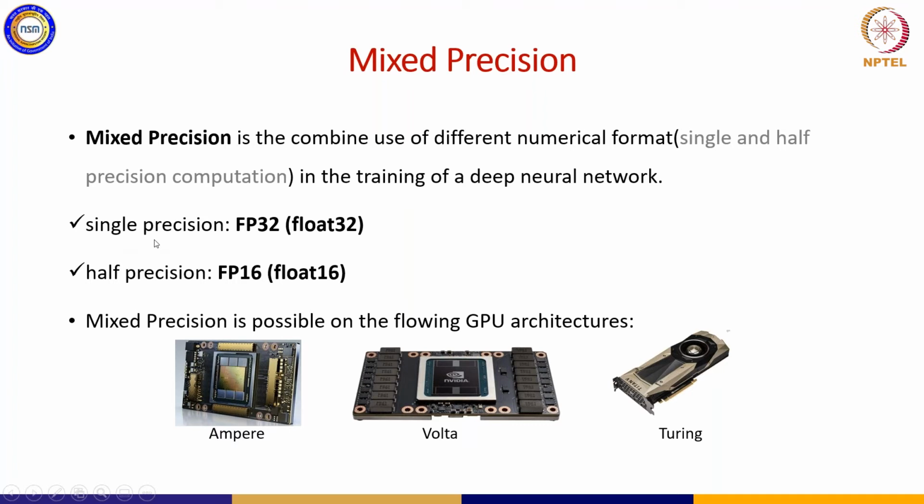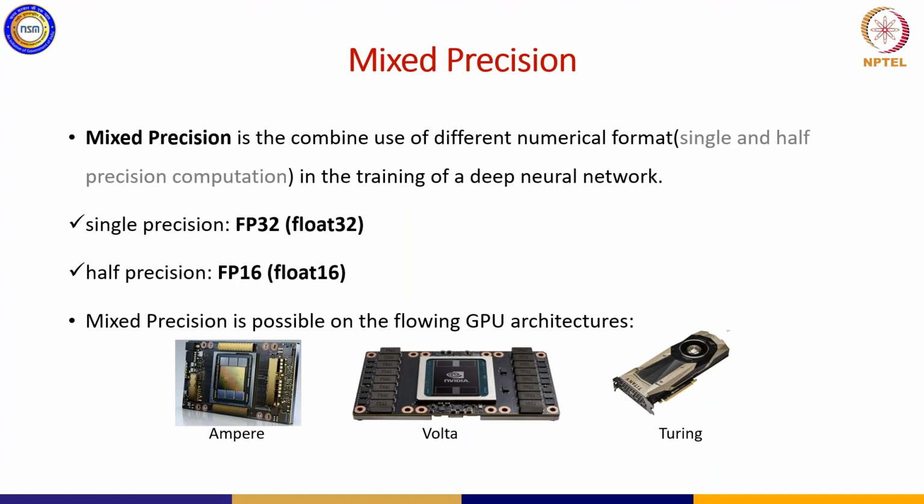Single precision is simply float 32, while half precision is float 16, which we call FP16. So we're looking at a scenario where in the training of a deep neural network, these two precision data types are being used. It is a high level optimization process.